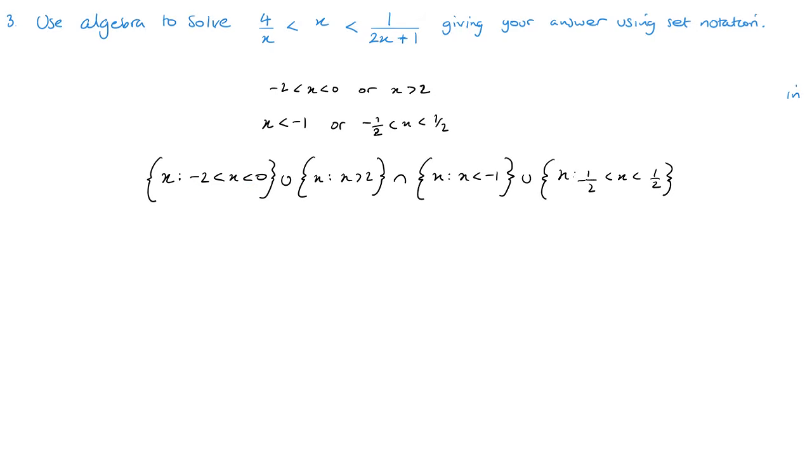So what I can infer from that is that it's got to be less than -1, but then greater than -2. So that is one set of inequalities that takes out this and this one. And then this is x is greater than 2.